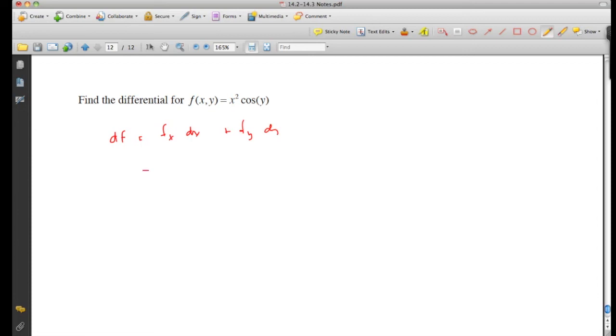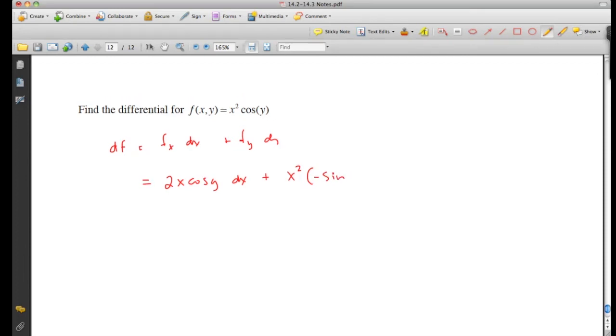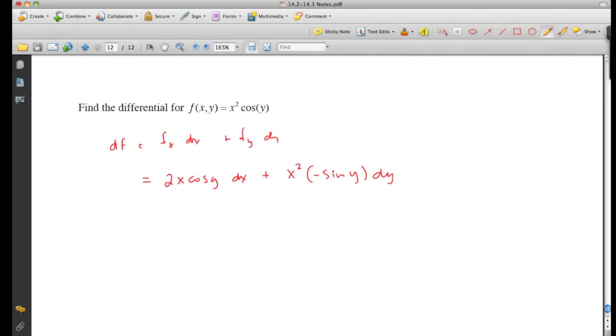So the partial derivative of this function with respect to x is 2x cosine y times dx plus the partial of this with respect to y is x squared, and then the derivative of cosine is negative sine. So let's do this, negative sine of y times dy. Okay, simple as that.